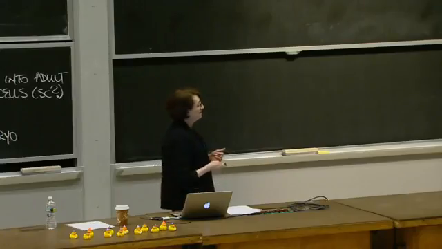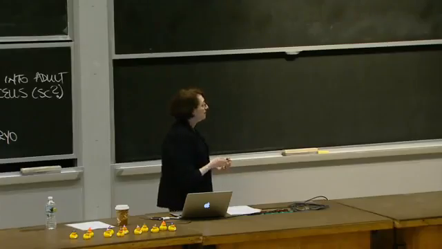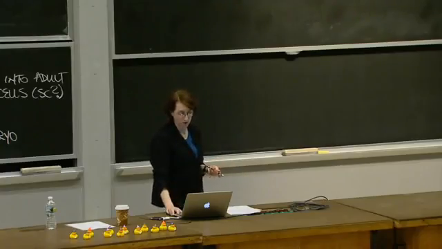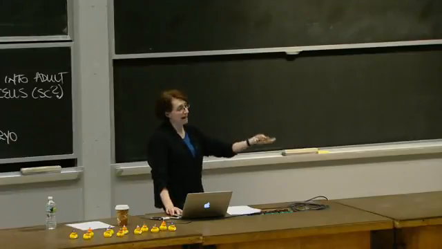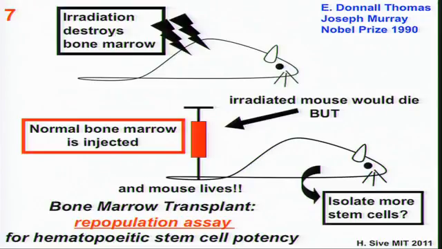And then you replace that bone marrow with normal bone marrow to either try to make the person better, or in this case, to test something about stem cells. The irradiated mouse or person would die, but the normal bone marrow will cause the mouse to live. And if you've put stem cells into that mouse, you can start getting them out of that mouse whose life you've saved and isolate more stem cells.